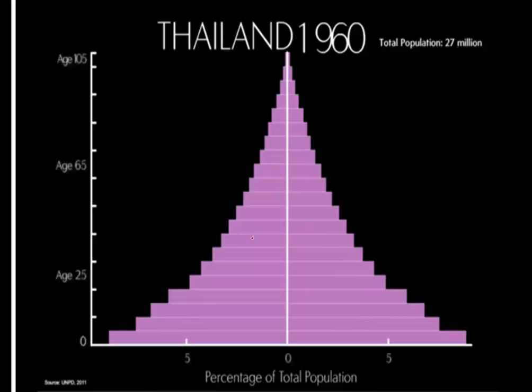You can see 80% of their population is under the age of 30. And a very small percentage of the population lived to be old age. There's very few of them. You can see this very plainly in the structure.